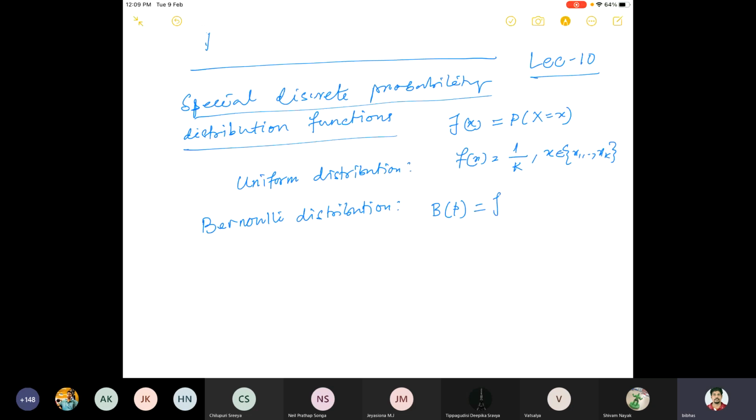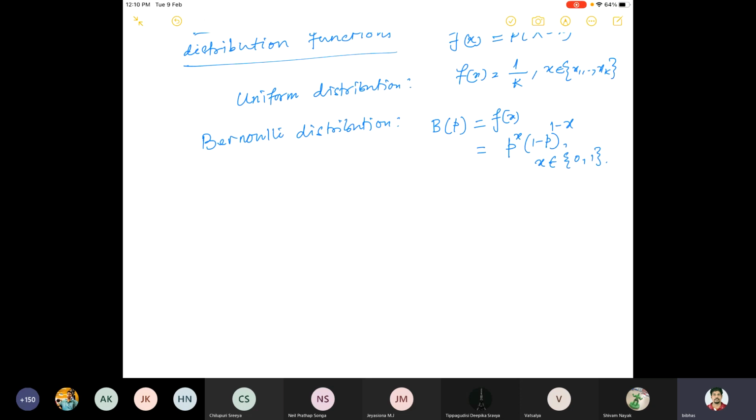So it is the same thing as saying the probability distribution function of the Bernoulli distribution, or just the Bernoulli distribution. So this was p to the power x, (1 minus p) to the power (1 minus x), and x can take only two values, which is 0 and 1. So x belongs to {0, 1}.